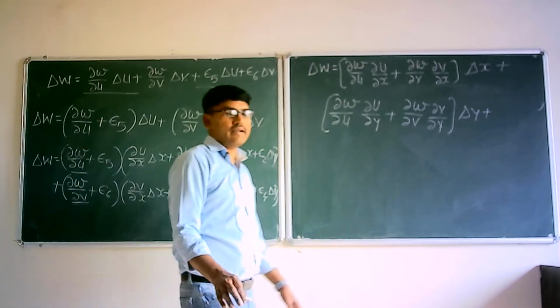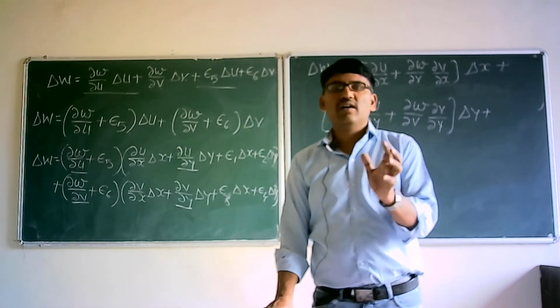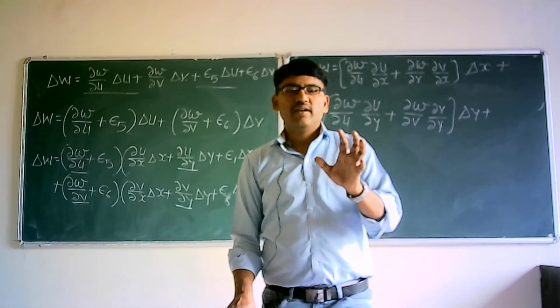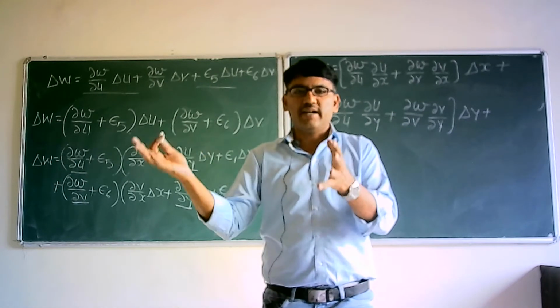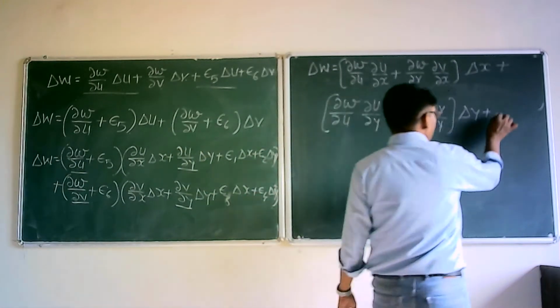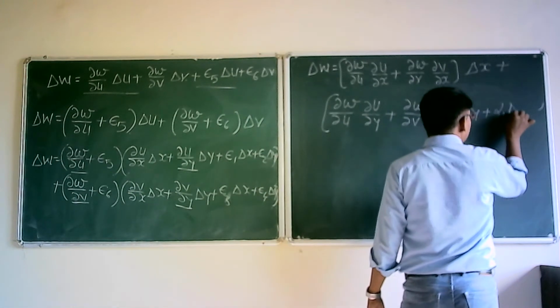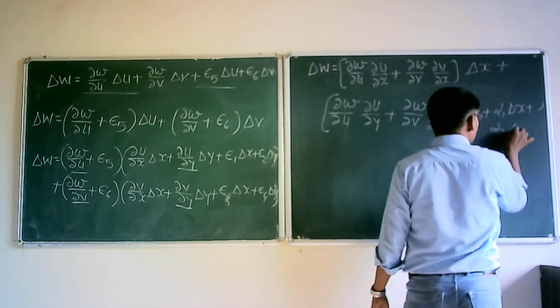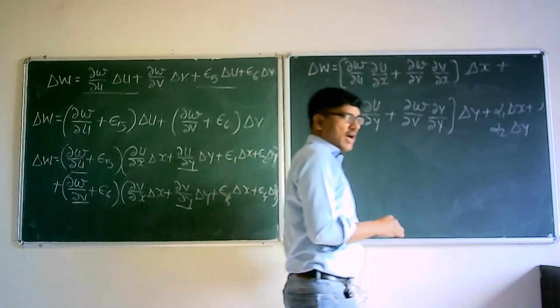Again, there are some terms containing a combination of epsilon 1, epsilon 2 and delta x and delta y. For that we are writing here alpha 1 delta x plus alpha 2 delta y. But what are alpha 1 and alpha 2?